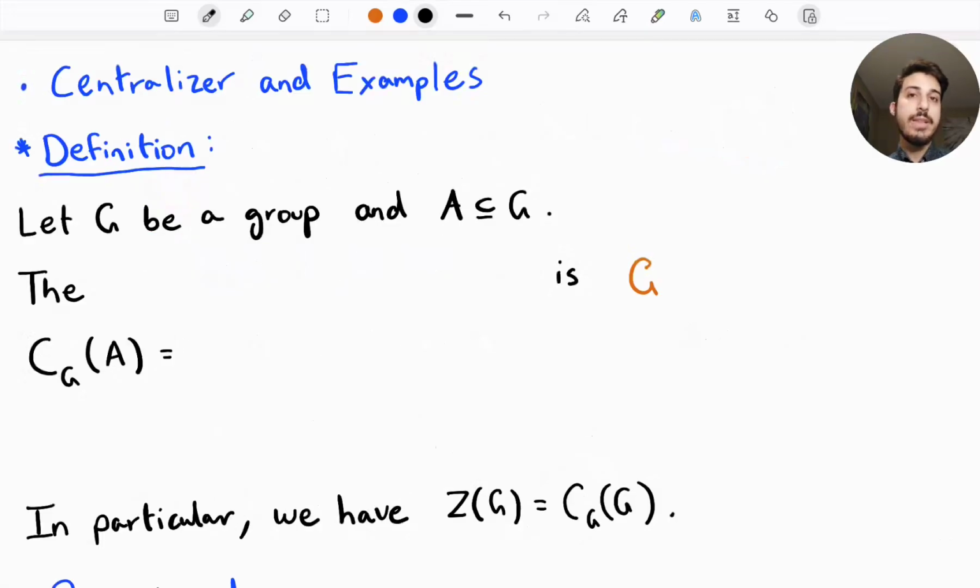Okay, so we've seen that a center contains the elements which are commutative with all of the elements in the group G. But what if we don't necessarily want the element to be commutative to all of the elements? What if we want the element to be commutative to a set of elements that we want that is inside G? And this is where the centralizer comes in.